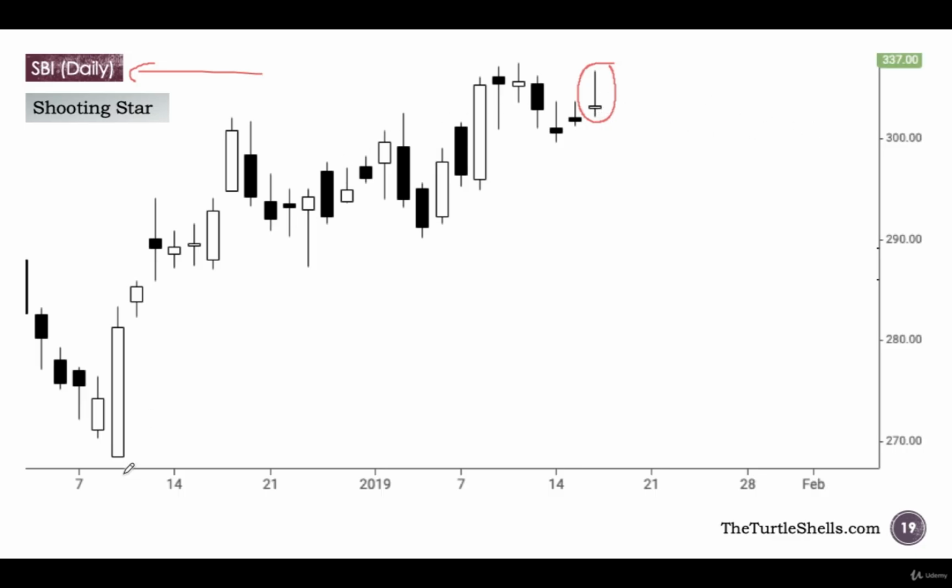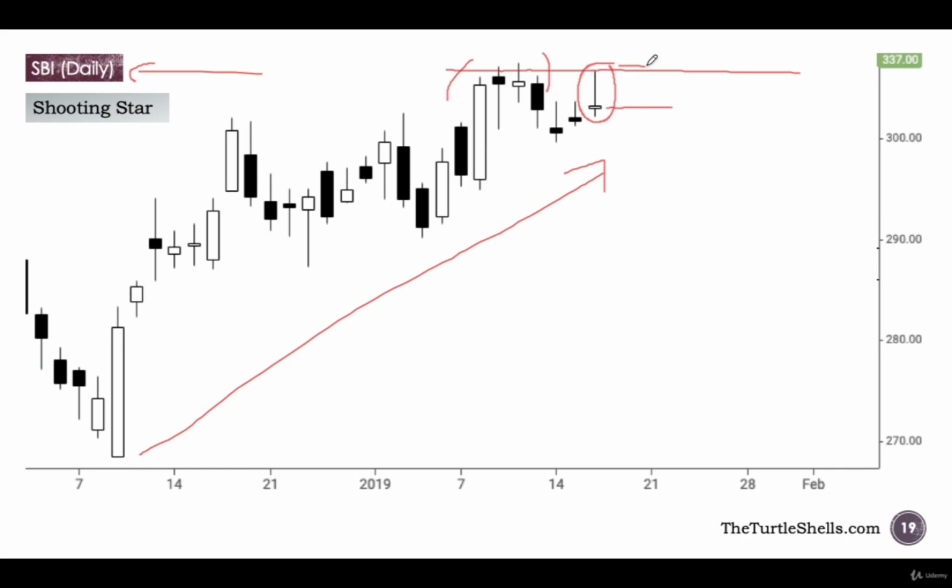But nonetheless, the special shooting star is very rare, and this confirms the resistance area created by these candles here. So the first signal is the shooting star, the second signal is the confirmation of the prior resistance.